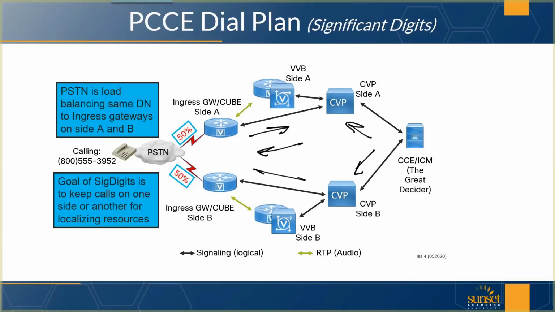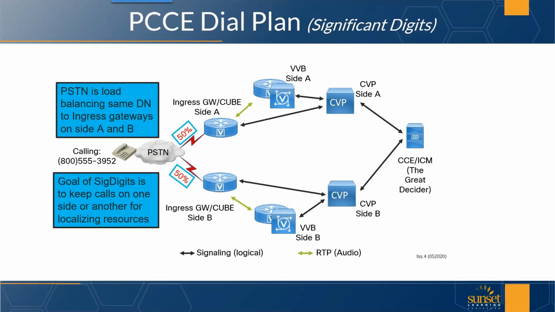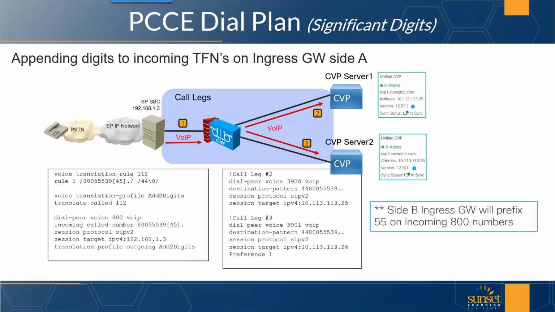If the call has come in from here, we want to return it to that gateway. It seems like that would be obvious from here, but what's not shown is that we, of course, have connections to our other gateways as well, and it may be that from time to time we want to deliver it to another gateway. But most of the time, using our significant digits, we're going to deliver these calls accordingly.